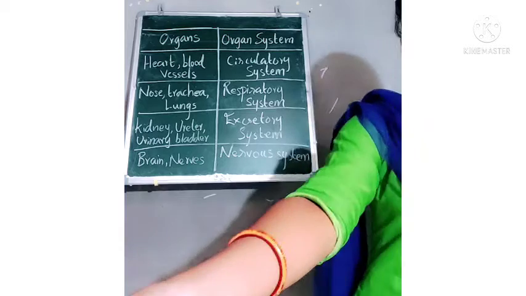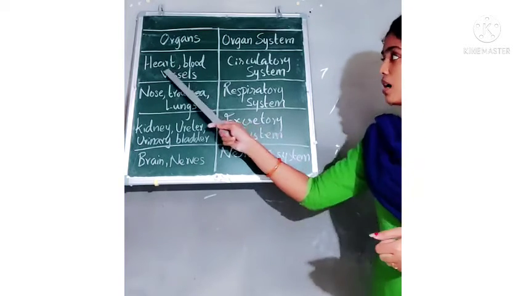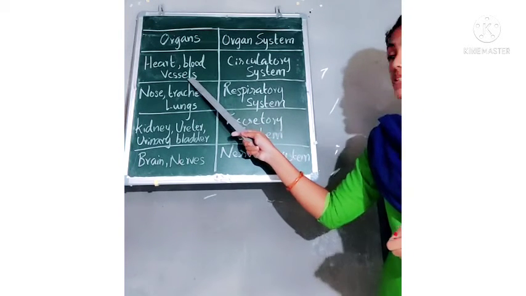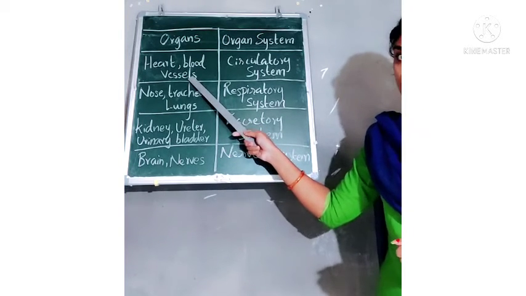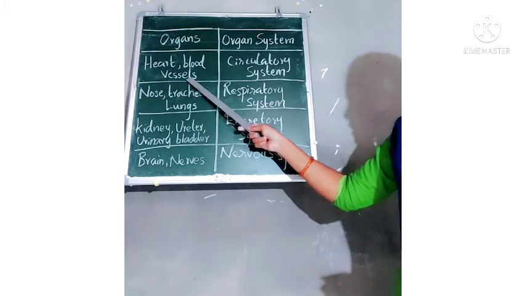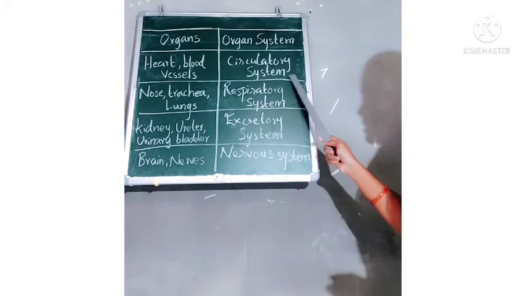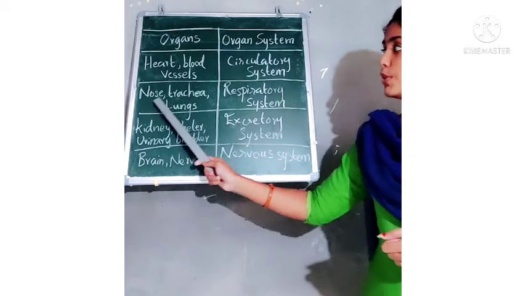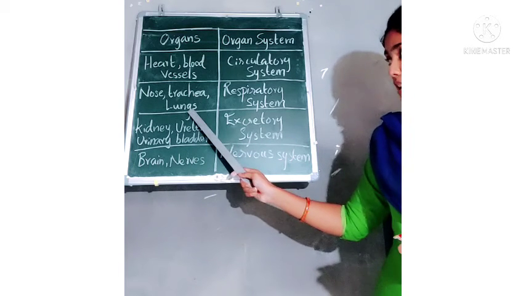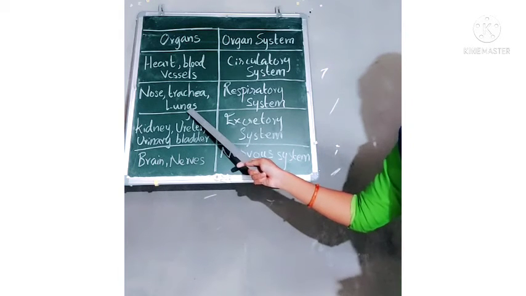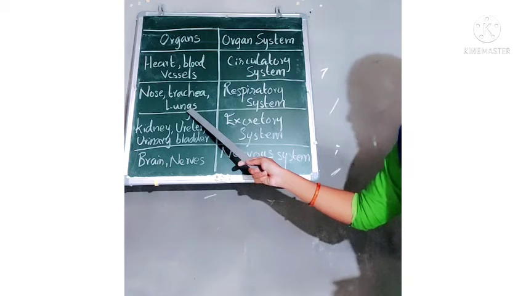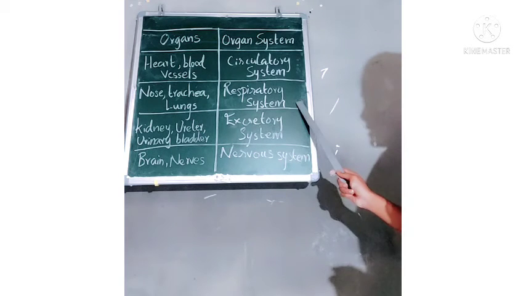So the first one is heart, blood vessels. These are the names of some organs, and the organ system associated with heart and blood vessels is the circulatory system. Then nose, trachea and lungs. These organs are associated with the respiratory system.